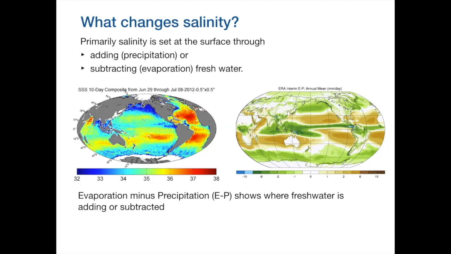And you'll see that's where we have the more bluey colors, the lower salinity in the salinity surface plot over here. And then in the mid-latitudes, we have that evaporation exceeds precipitation. So there's more evaporation than there is rainfall, and this is where we have the high salinities.